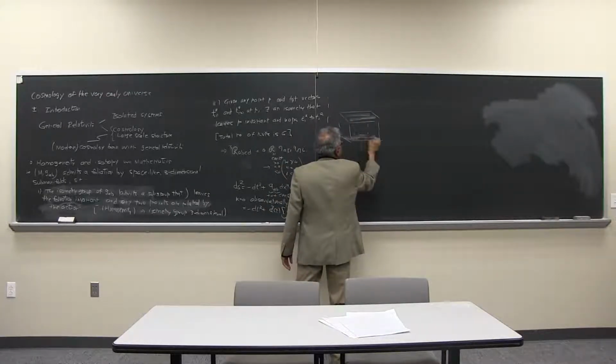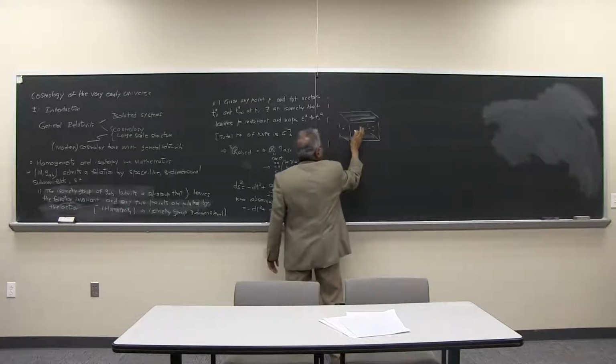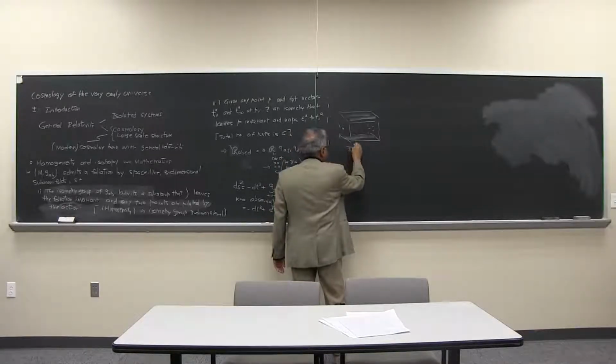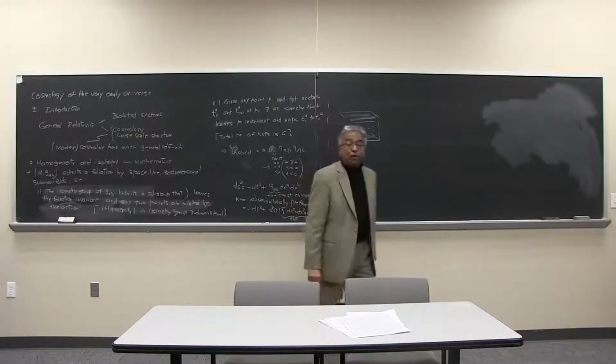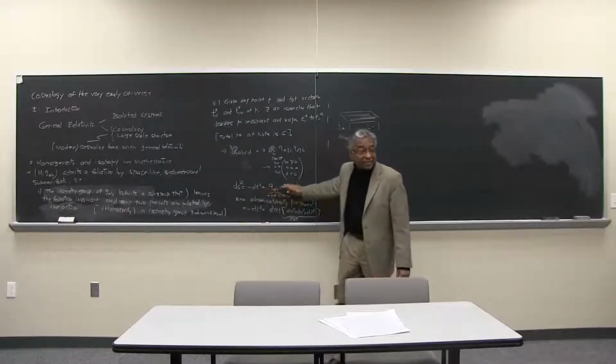So this face is identified with this face, and this face with this face, and the front is identified with the back, and that gives a 3-torus. And so 3-torus topology is actually possible in this case. Locally, the metric is exactly this.